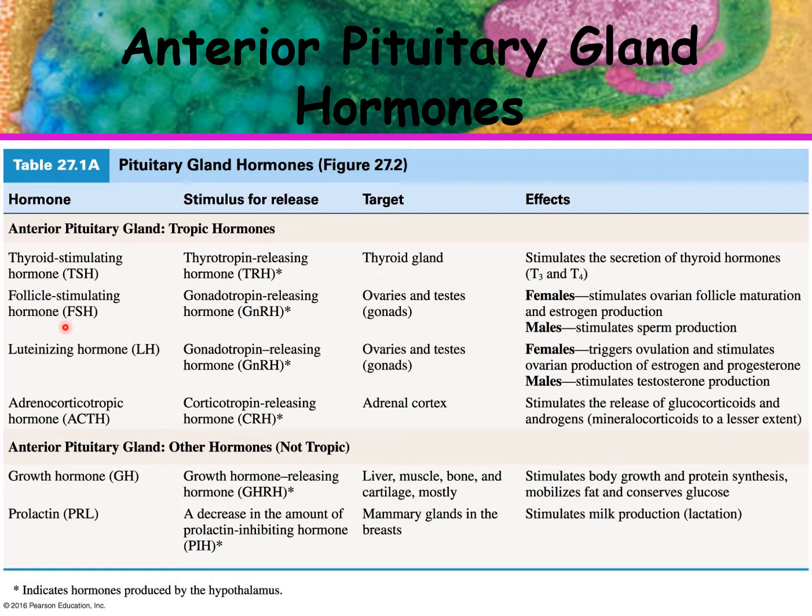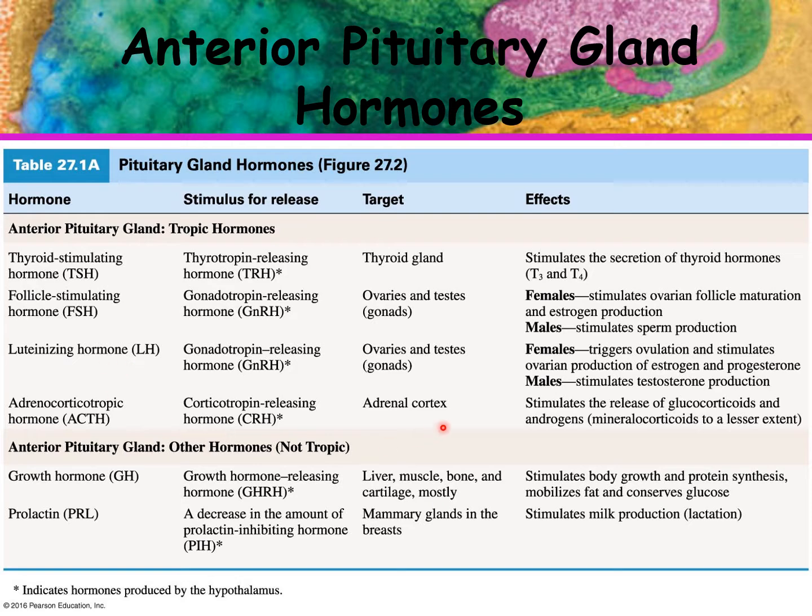The next hormone released by the anterior pituitary is follicle-stimulating hormone. Follicle-stimulating hormone works directly on the ovaries and testes, and in the female, FSH will stimulate ovarian follicle maturation and estrogen production. In the male, it will stimulate sperm production.